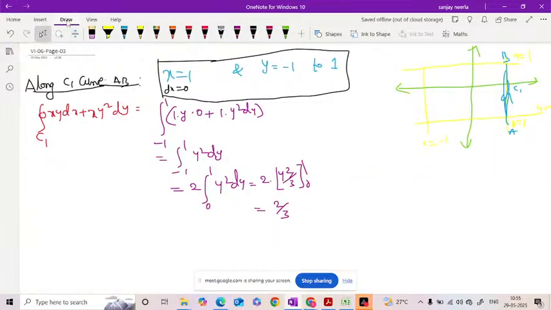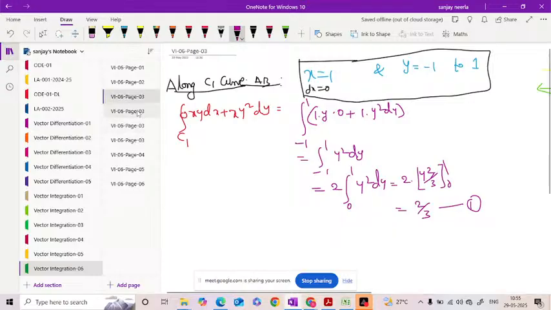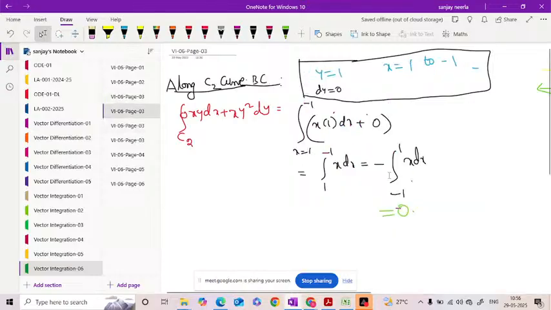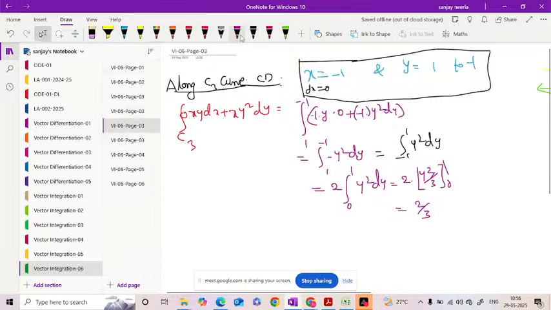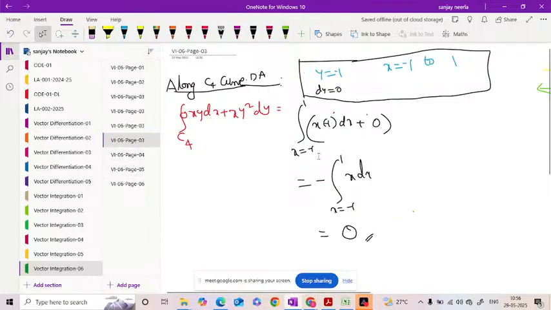C1 result, I am assuming it is equation 1, is 2 by 3 along C1, and along C2 we have 0, along C3 we have 2 by 3, along C4 we have the result 0.